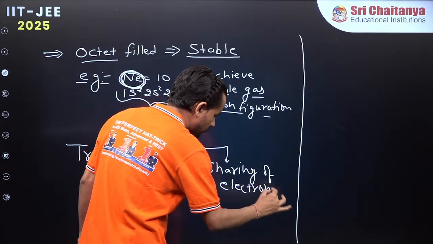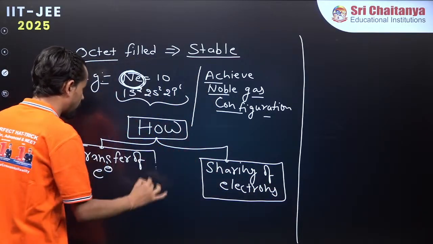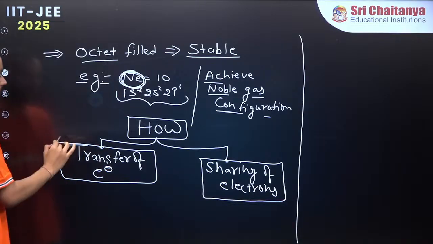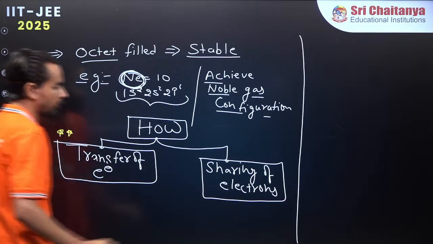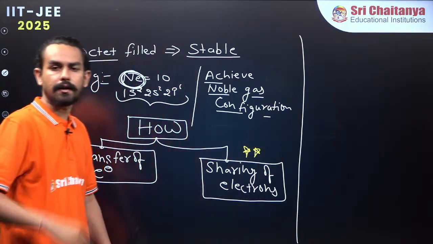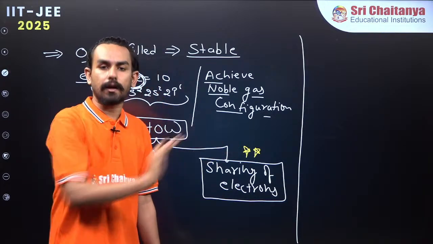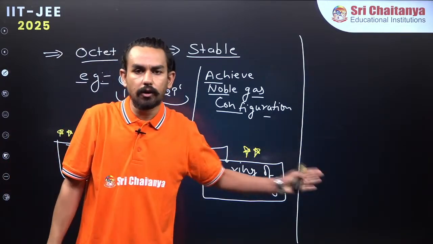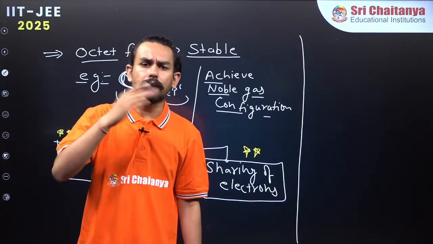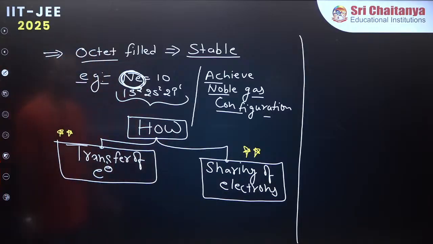So there are 2 methods by which any atom or any element can achieve a noble gas configuration, either by transfer of electrons, or by sharing of electrons. Either it can completely give to other, or it can share. That means whenever you need, you take, whenever I need, I take. This is known as sharing. So either transfer or sharing, 2 kinds of things are possible.